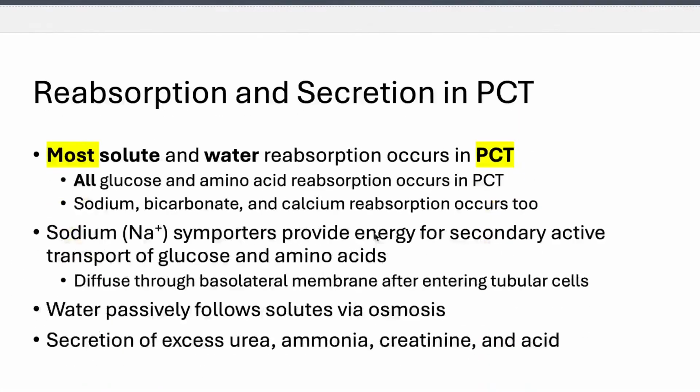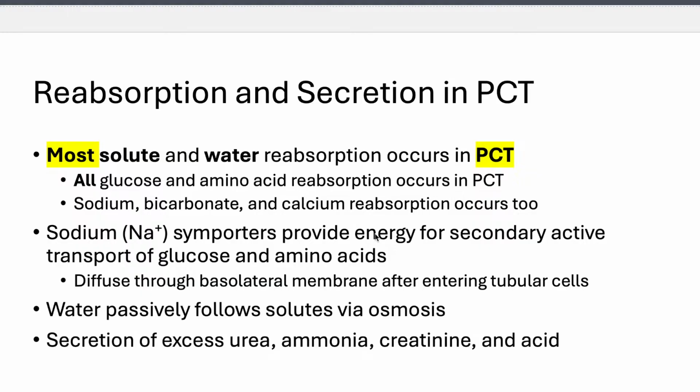So don't think they're two different things. Sodium symporters provide energy for secondary active transport of glucose and amino acids, which then diffuse through the basolateral membrane after entering tubular cells.